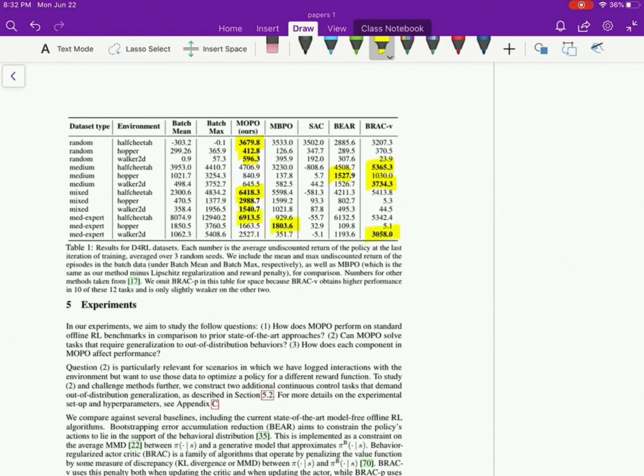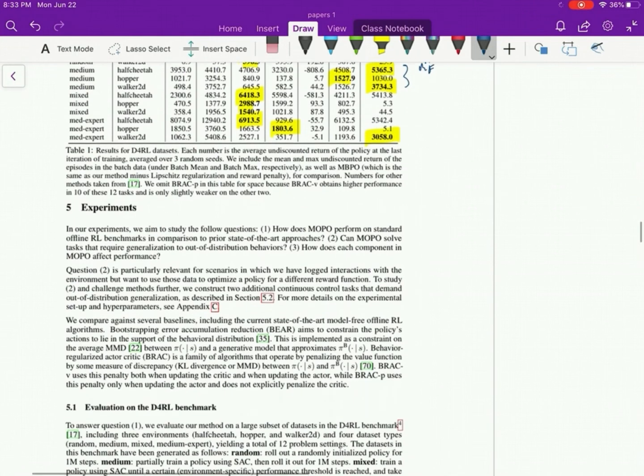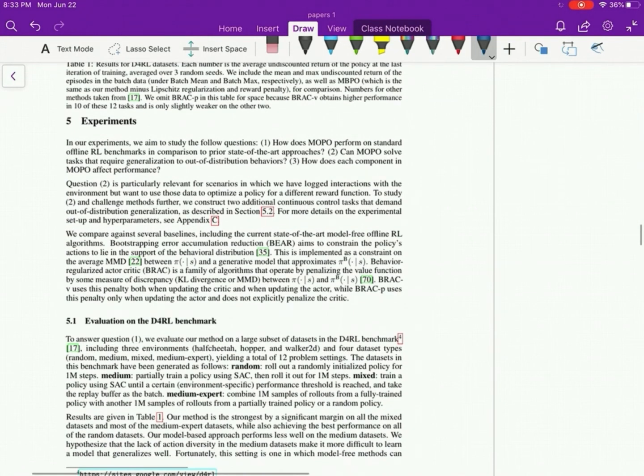So yeah, it seems on the medium data set, the normal offline model-free algorithms are working better, but on most of the other data sets, MOPO is working better than the other ones. So yeah, let's see what the description says.